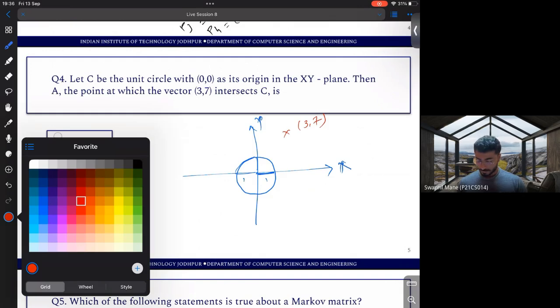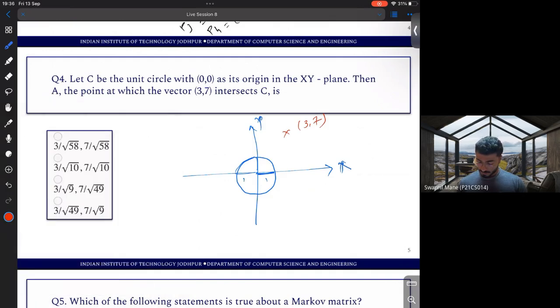So this is passing through the coordinates line, right, and we have to find where it intersects C. So this line intersects here, right?